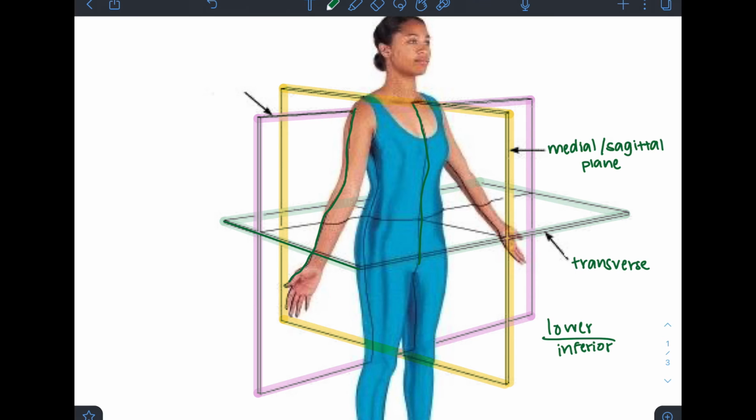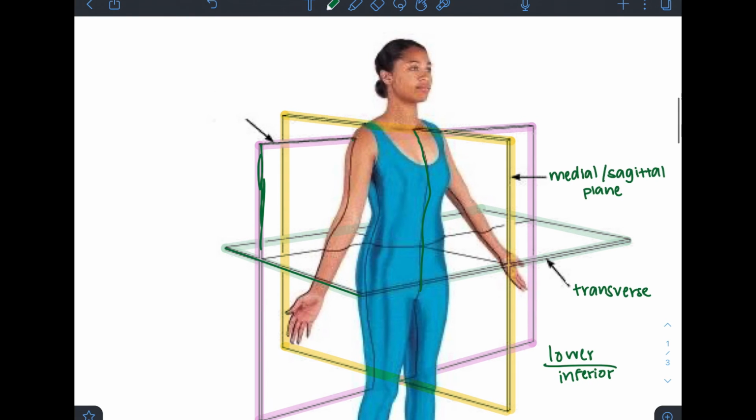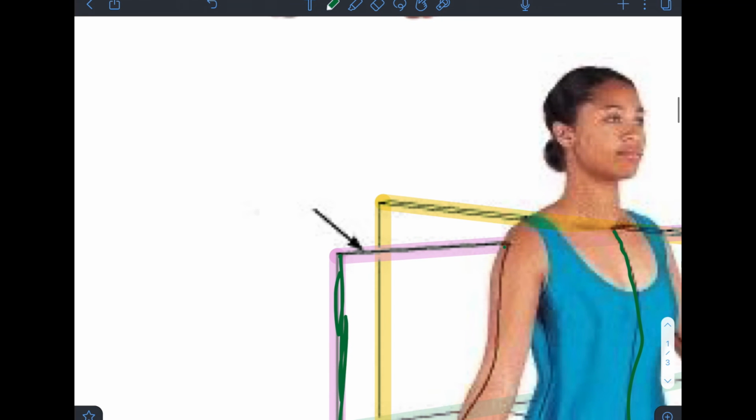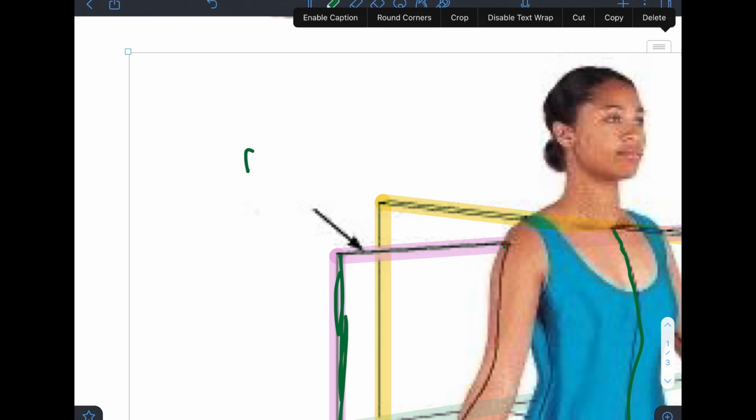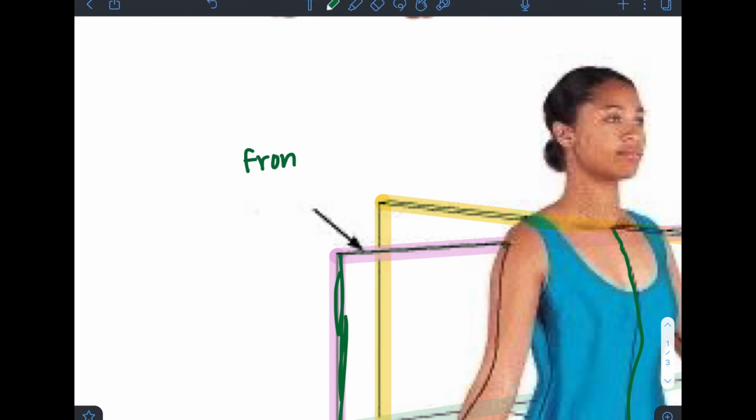You can see that if this plane was pushed this way, then this line would lie exactly on the line that would divide us into the front and back parts of our bodies. So this plane is going to be called the frontal. The frontal. And there's also another name for it. It's called the coronal plane.